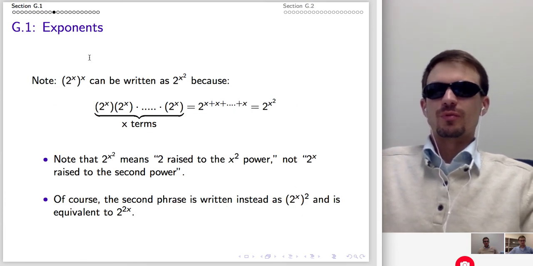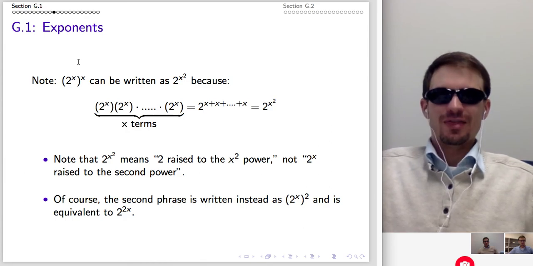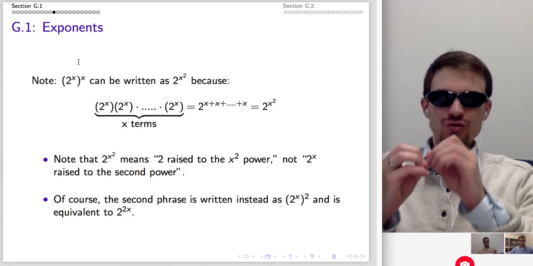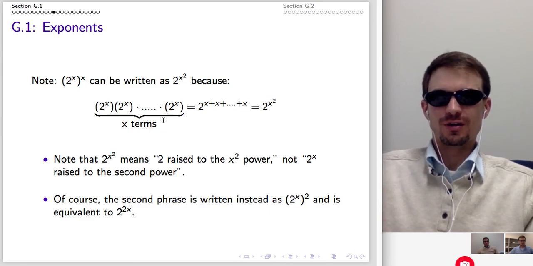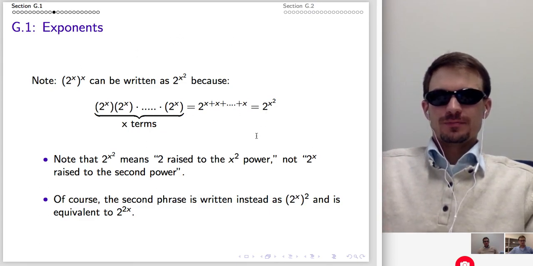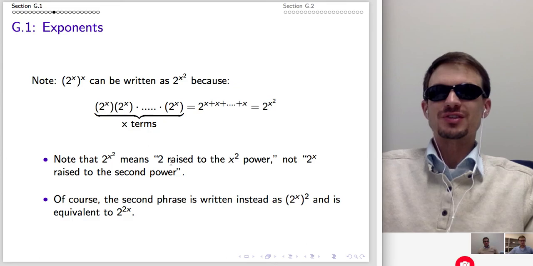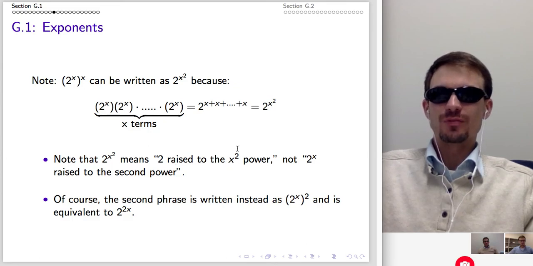Okay. Here's one more comment. Suppose we have 2 to the x, that thing to the x. This tells us we have x collections of 2 to the x, and that's what this is right here. All right. Here's a note. Note 2 to the x squared means 2 raised to the x squared power, not 2 to the x raised to the second power.